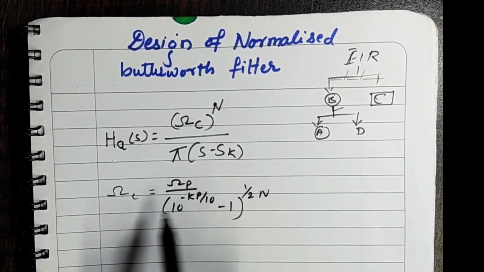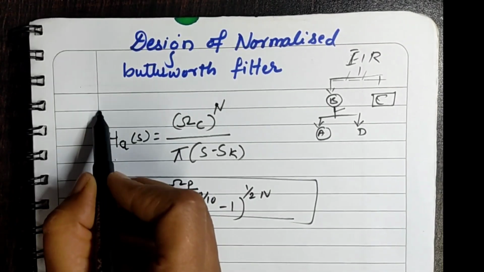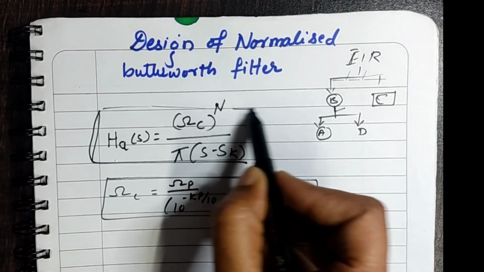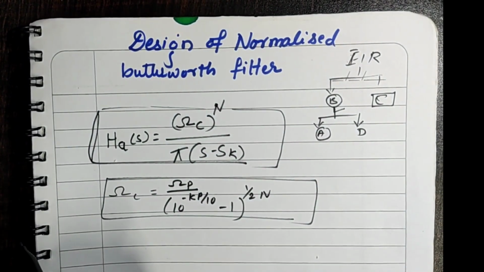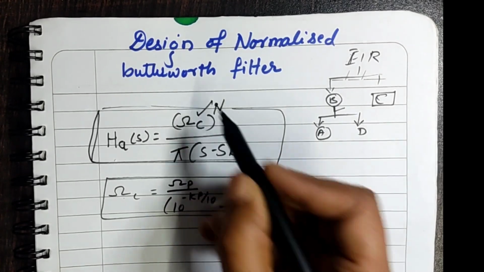We have to calculate this using this formula, and this is our analog Butterworth filter transfer function.